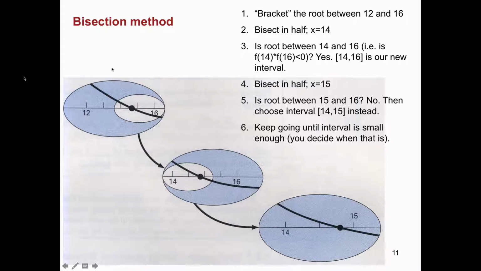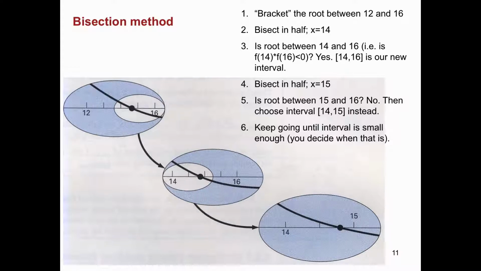And I just have to formalize it in terms of a loop. Which loop is good for this? Do I know how many times I'm going to have to repeat this? Not really. So a while loop would be good. So just keep looping in a while loop until the width of the bracket is small enough.